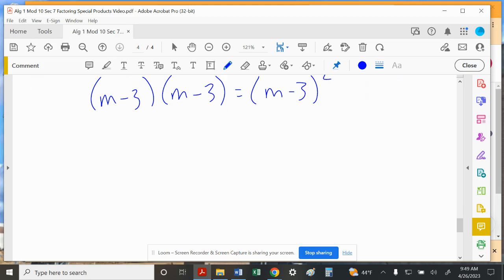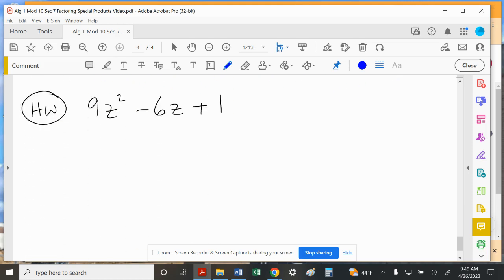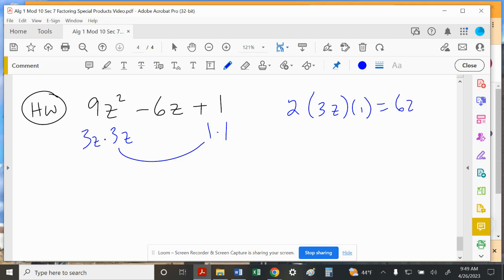Okay, next one, and the last one. This one is 3z times 3z, and this is 1 times 1. It might be a perfect square; we don't know yet. We have to multiply those two and then multiply by 2. So it's 2 times 3z times 1, which is 6z. Therefore, it is a perfect square.